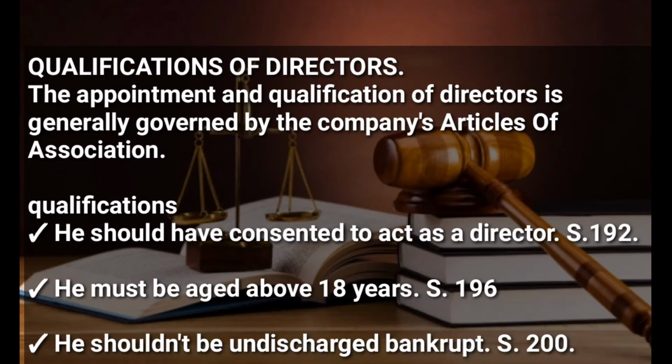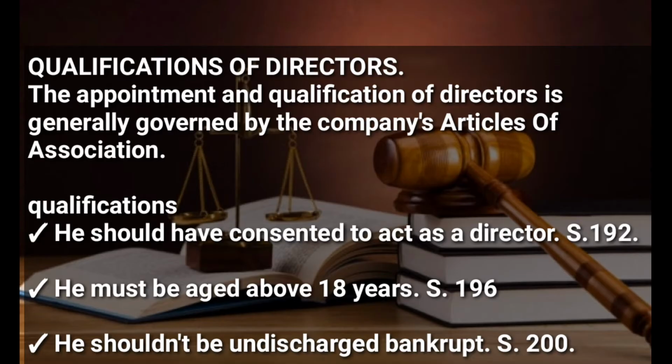Let's now look at the qualifications of directors. The appointment and qualification of directors is generally governed by the company's Articles of Association. And below are the qualifications of directors. First, he should have consented to act as a director, and this is according to Section 192 of the Companies Act.